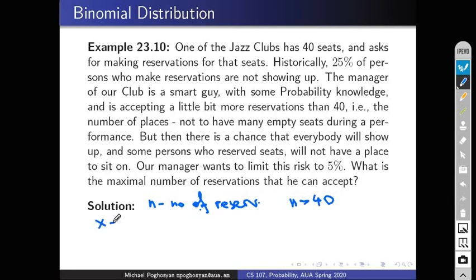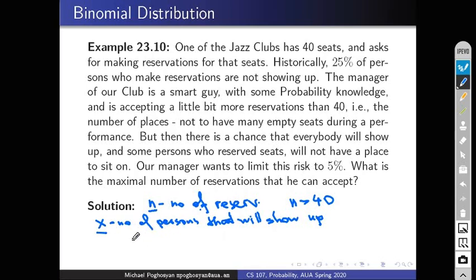X is the number of persons that will show up, among that n. So n persons made reservations and X will show up.